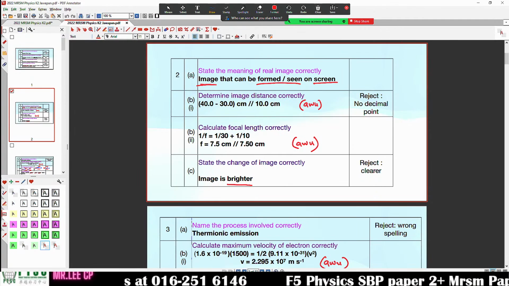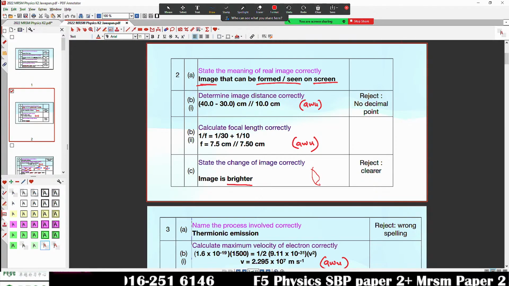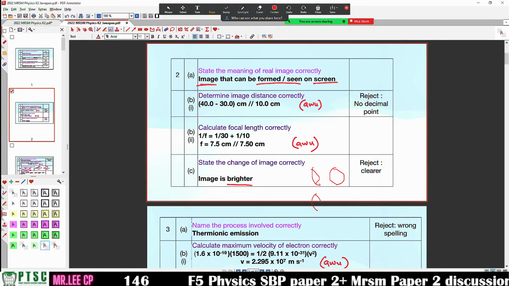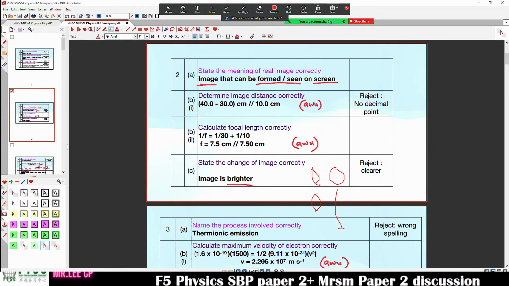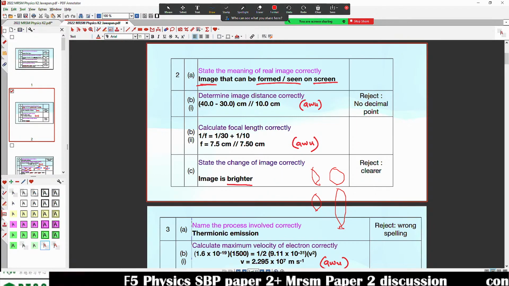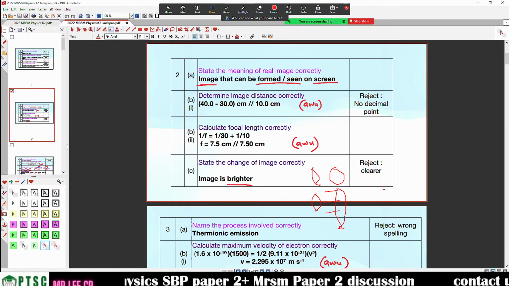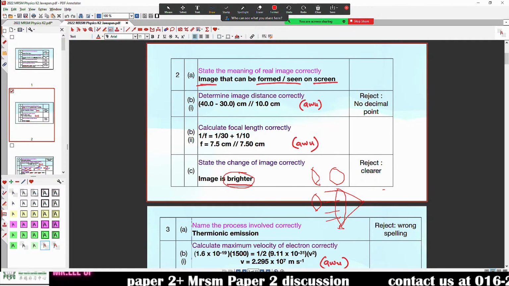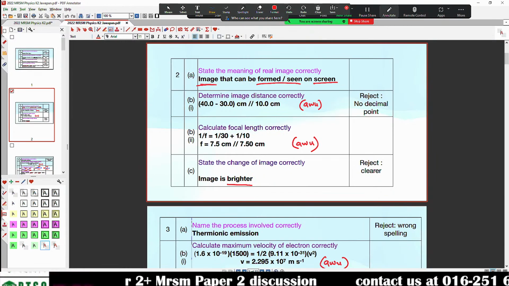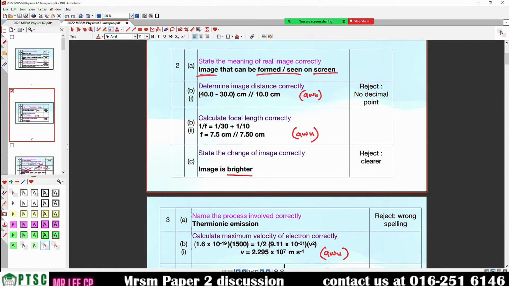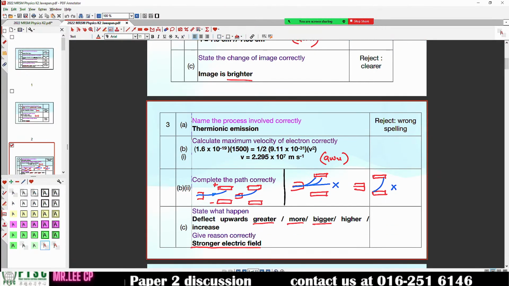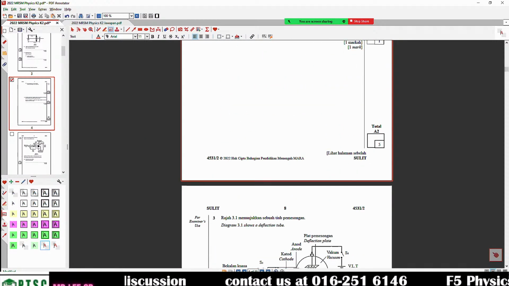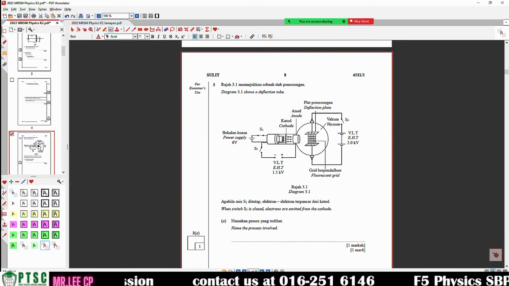Bigger diameter, it is not like that. Bigger diameter, this is thicker, no. Bigger diameter means allow more light to enter. So it is brighter. Okay, brighter means clearer. If you write clearer, also wrong. Cannot. Just teasing you, joking with you, not allowed.